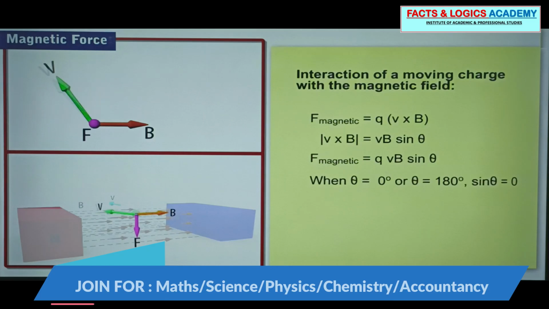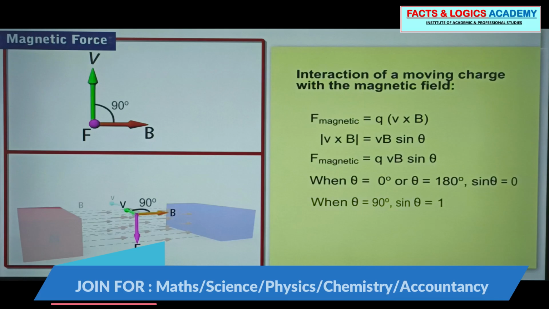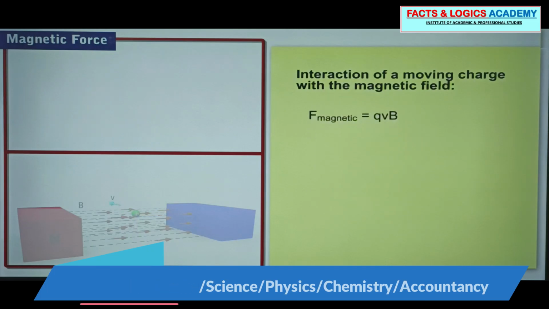If the charge is moving perpendicular to the direction of the magnetic field, theta is equal to 90 degrees. In this case, the charge experiences maximum magnetic force, F magnetic equal to QVB.